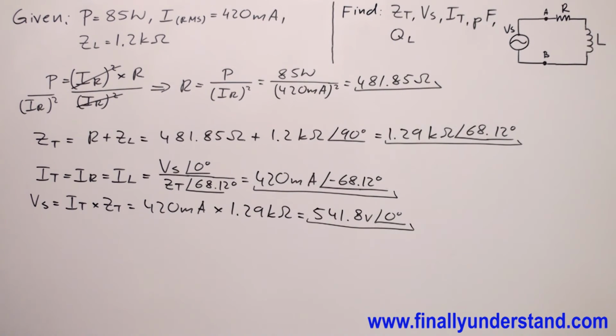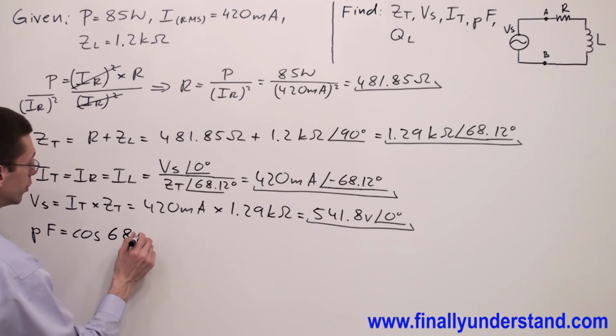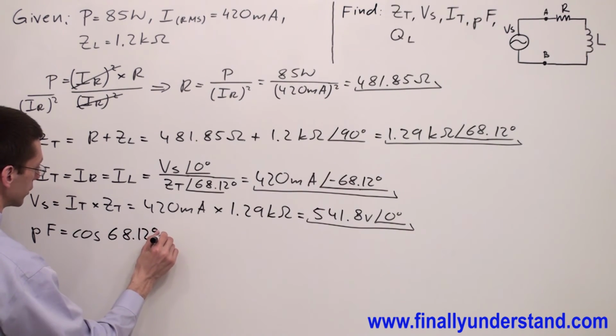Next, we're supposed to find the power factor. Power factor is equal to cosine of the angle which I have next to Z total. So I have cosine of 68.12 degrees.